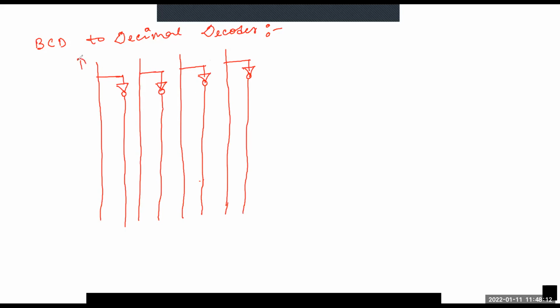So this is suppose D, this is C, this is B, and this is A. First I am drawing, you just see, then we will discuss the BCD to decimal decoder.